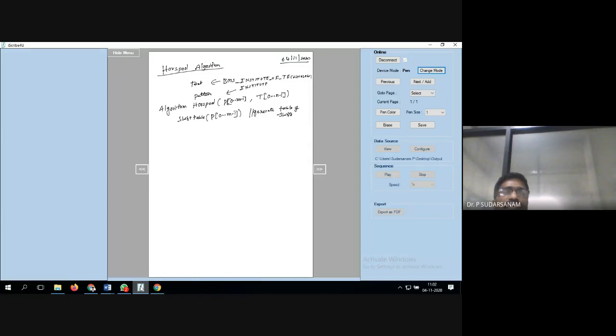Once you generate the table, what we did yesterday is take i equal to m-1.